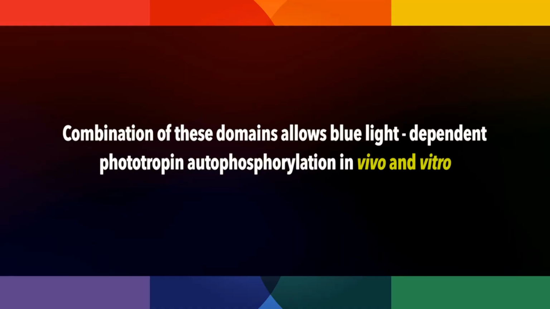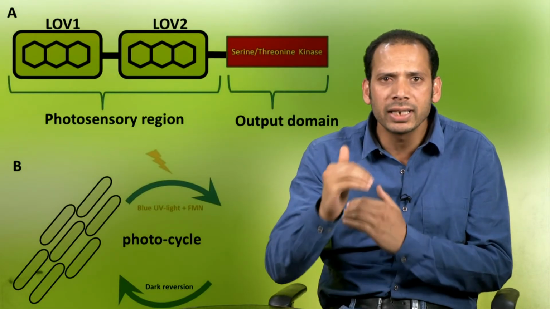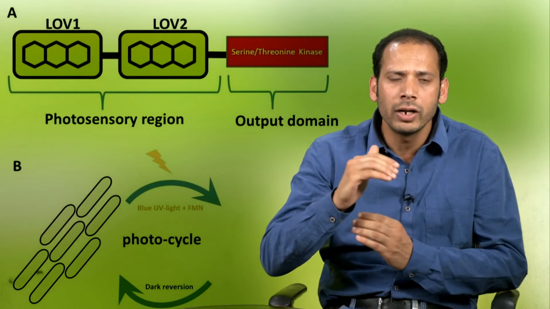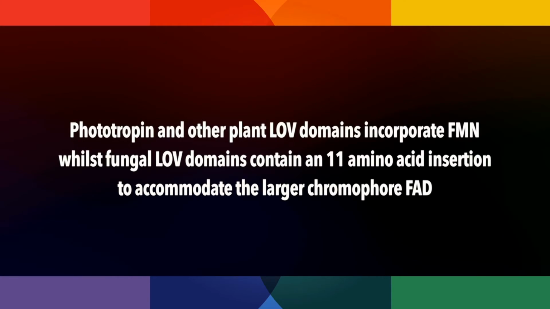The combination of these domains allows blue light dependent phototropin autophosphorylation in vivo and in vitro. LOV domains have a highly conserved tertiary structure which facilitates the non-covalent binding of FMN or FAD. Phototropin and other plant LOV domains incorporate FMN, whilst fungal LOV domains contain an 11 amino acid insertion to accommodate the larger chromophore, FAD.